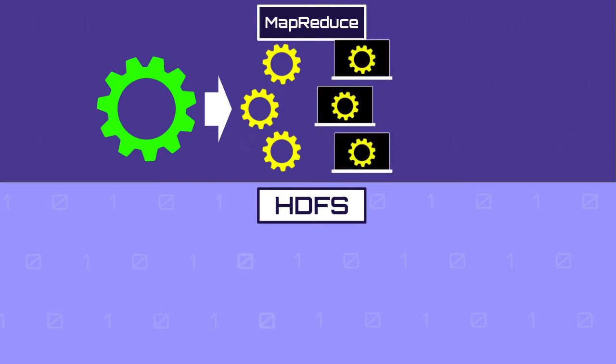Each of these smaller processing units is independent and might execute in a different server, and each acts on a different file block. After all processing units are complete, the results are combined.